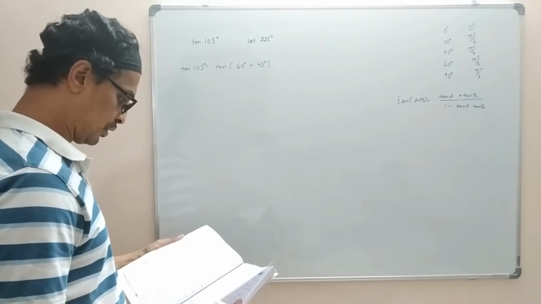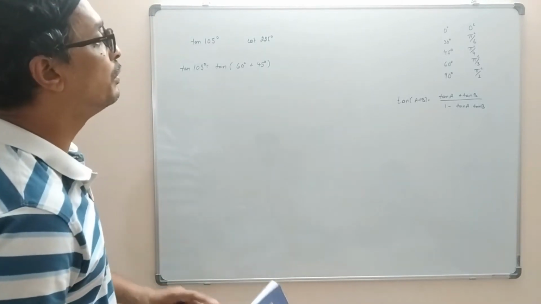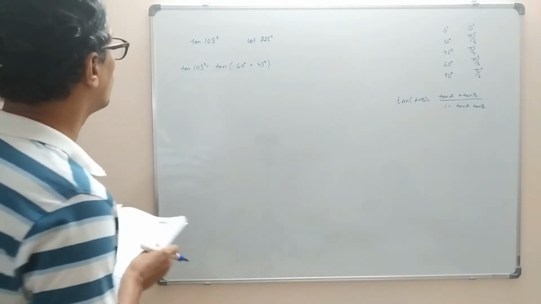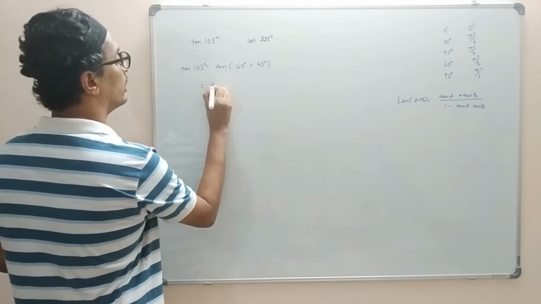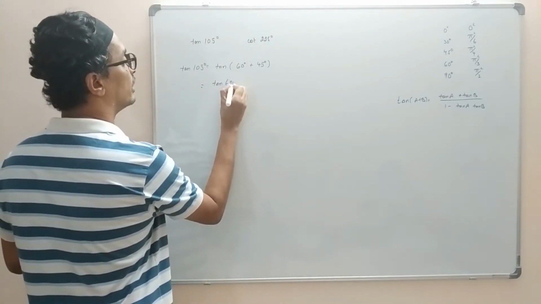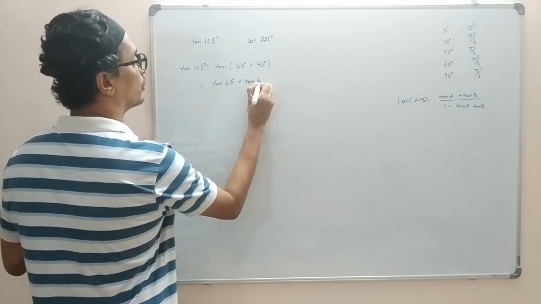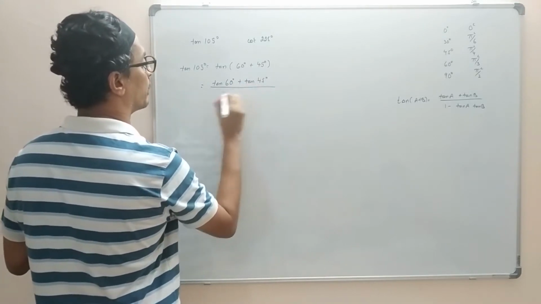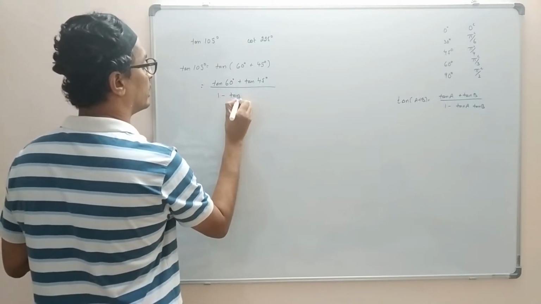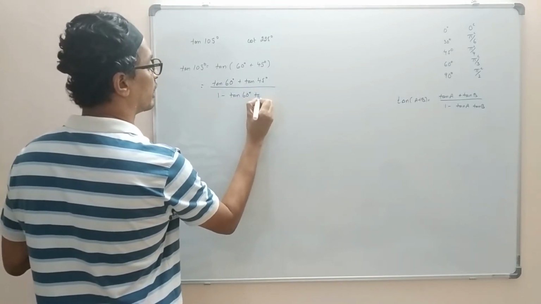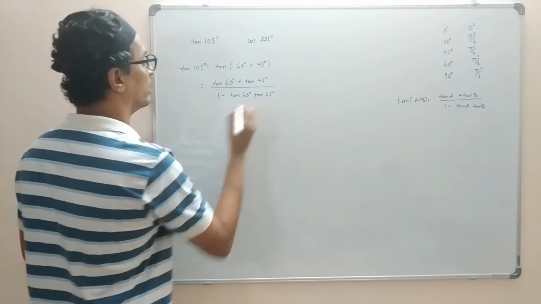That's what we got in the previous class. We saw that. Okay. So now, this is going to be tan 60 plus tan 45 degree divided by 1 minus tan 60 degree into tan 45 degree.